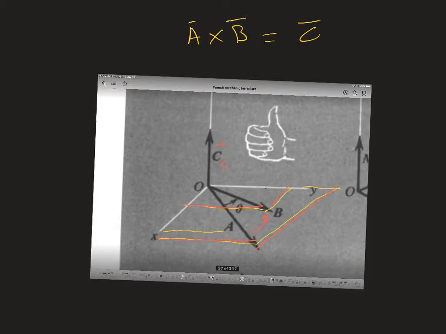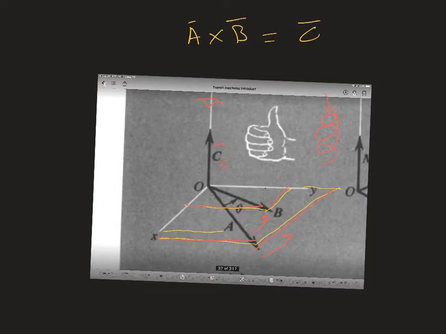It's something like watching from here. If you are here in front of the plane A cross B, you rotate A through B, and this rotation will make C go up.